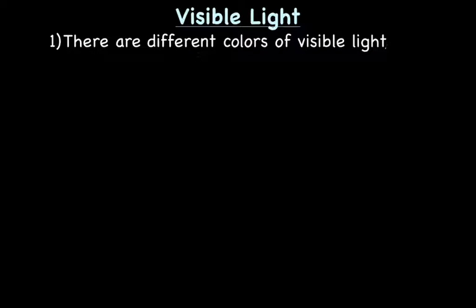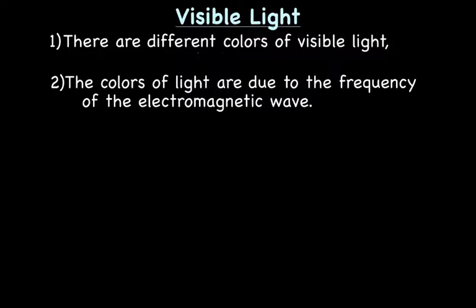All right, the visible light portion of the electromagnetic spectrum. There are different colors of visible light, which you obviously already know. The colors of light are due to the frequency of the electromagnetic wave. Remember, low frequency, high frequency.